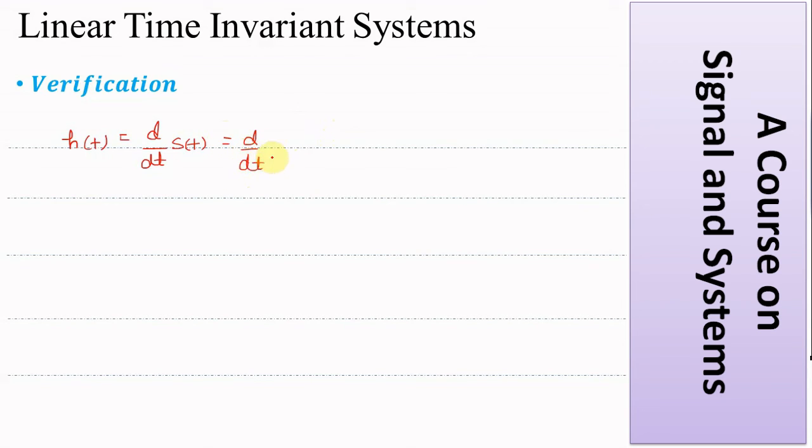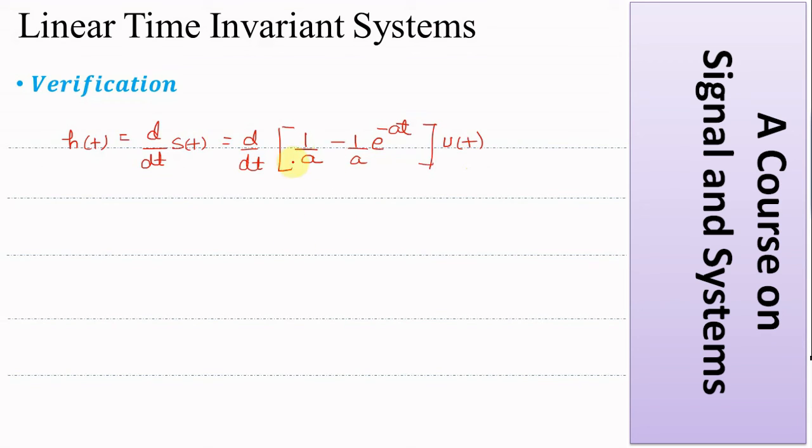If I calculate the first order derivative of 1 by a minus 1 by a e raised to the power minus at, u(t) is just showing that it exists for positive values of time. So there is no significance of u(t) here, and I can simply differentiate this part.